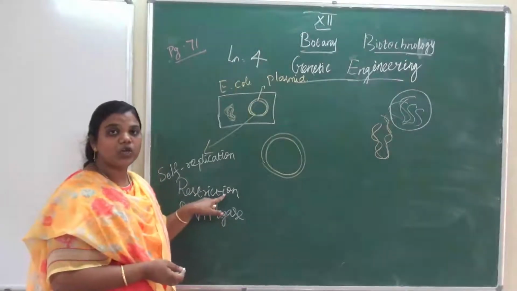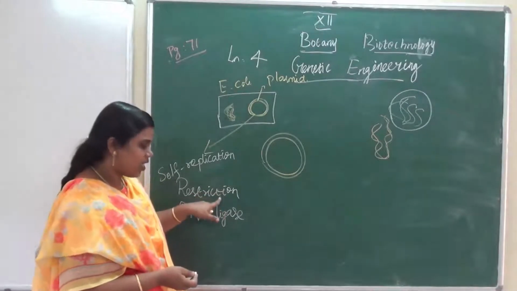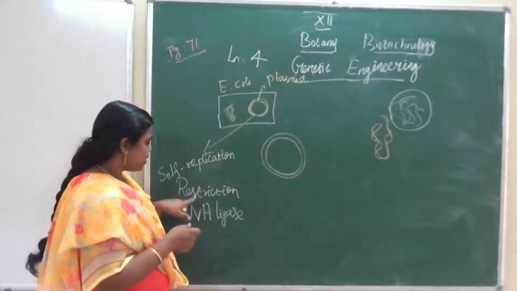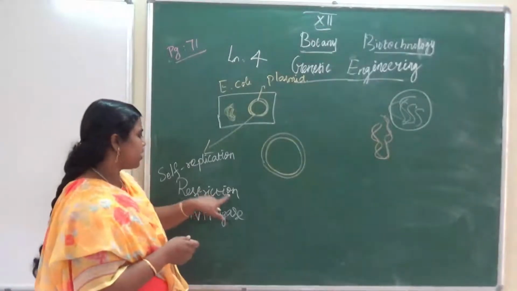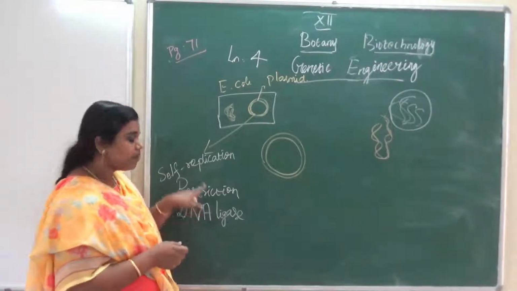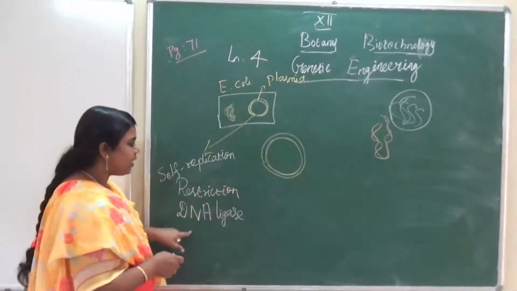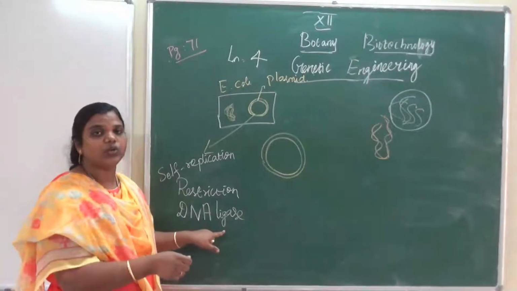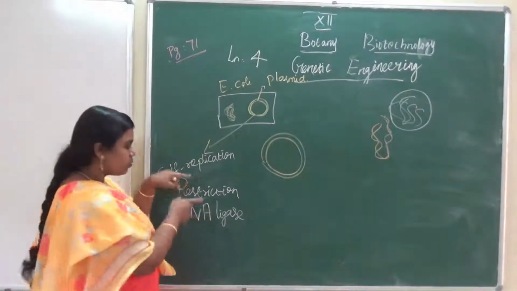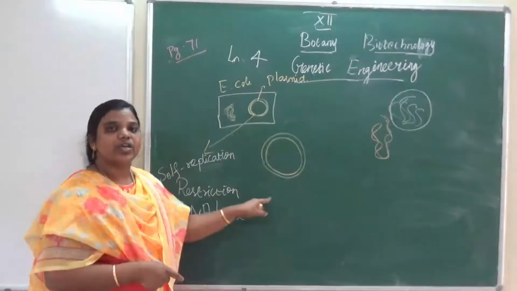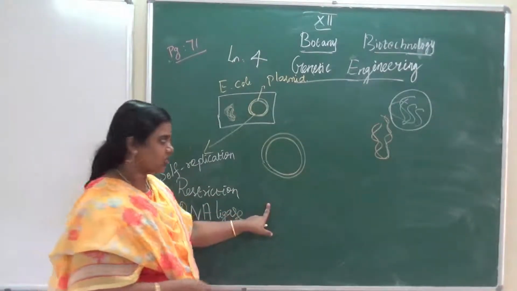They are like molecular scissors, cutting the DNA fragment at a recognition sequence. This is the restriction enzyme, also called restriction endonuclease, and DNA ligase joins the DNA fragments. Both enzymes play a very important role in recombinant DNA technology.